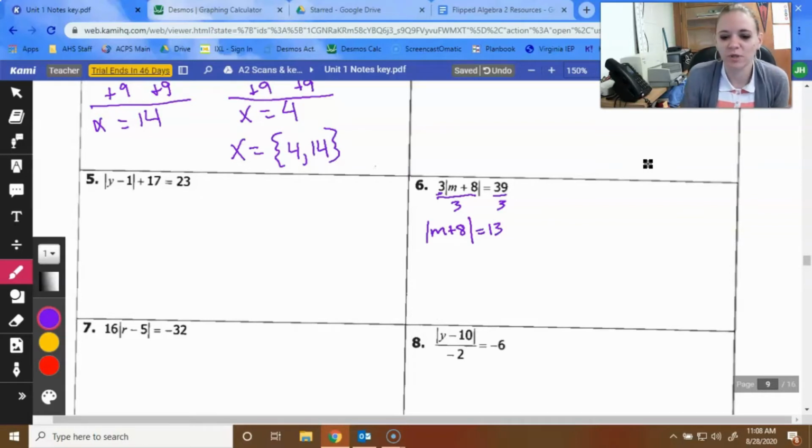Next, we're going to do the split. So n plus 8 is equal to 13. We'll solve that, and then n plus 8 is equal to negative 13.